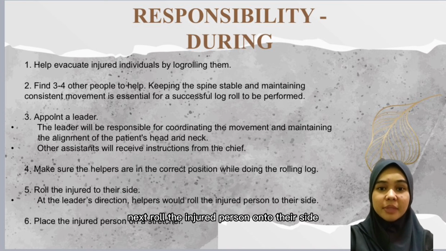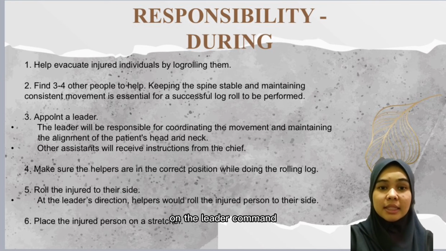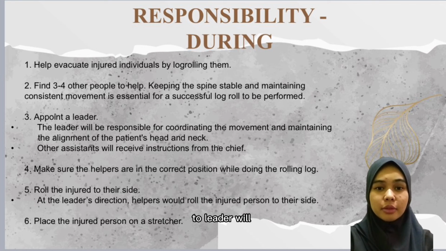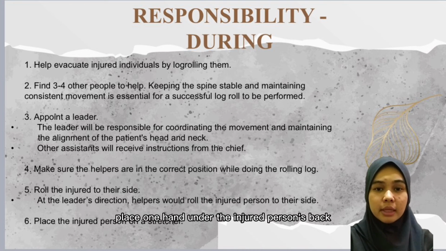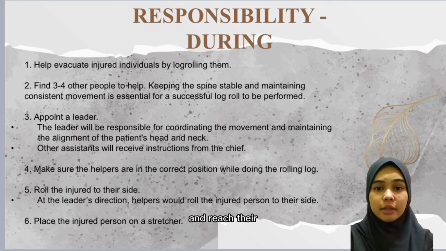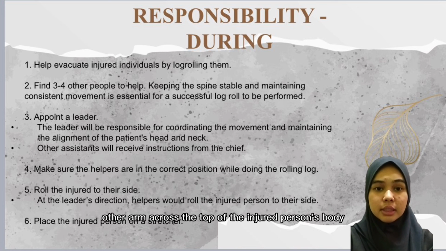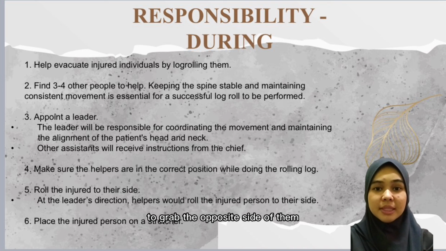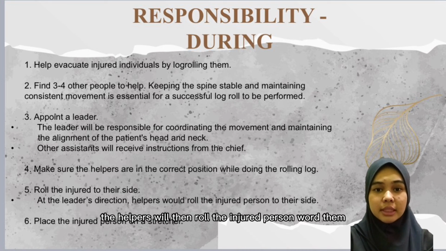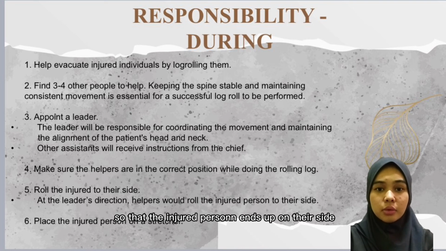Next, roll the injured person onto their side. On the leader's command, the helpers will roll the injured person onto their side. Each helper must place one hand under the injured person's back and reach their other arm across the top of the injured person's body to grab the opposite side. The helpers will then roll the injured person toward them so that the injured person ends up on their side.